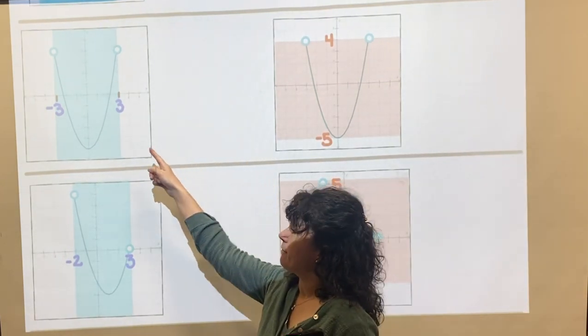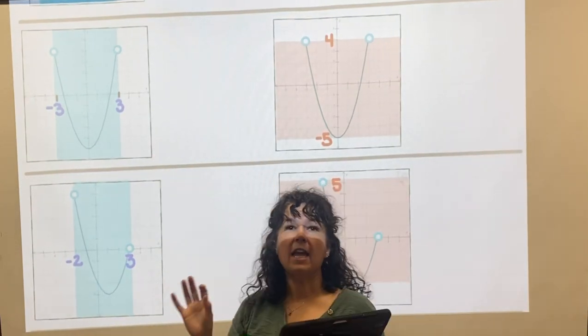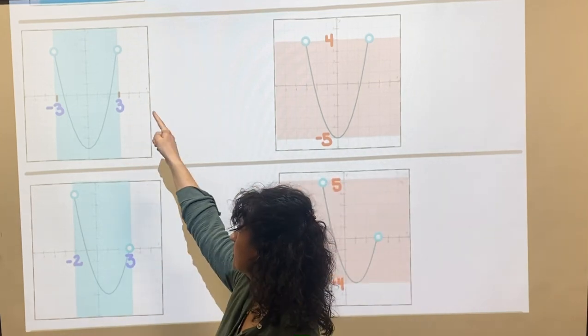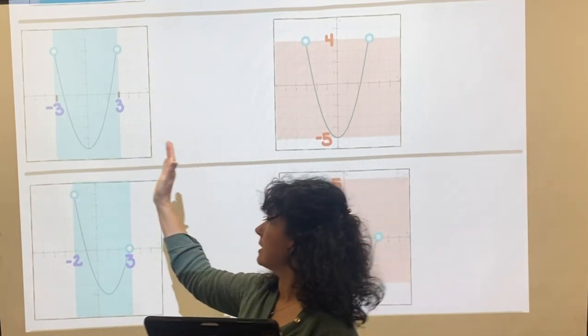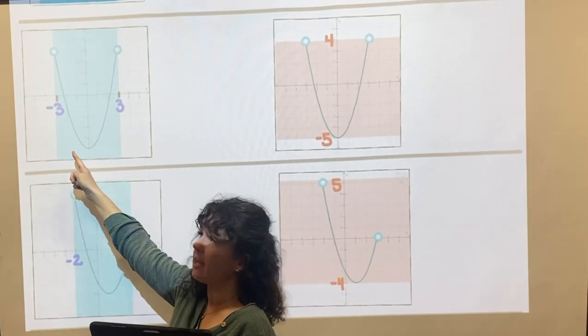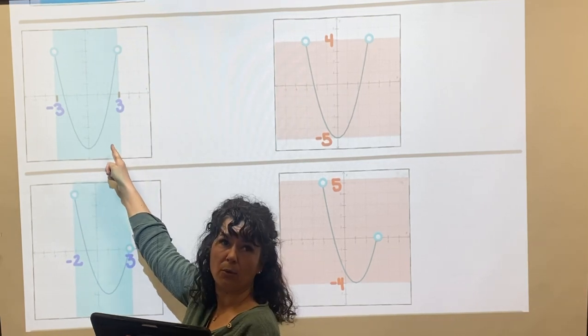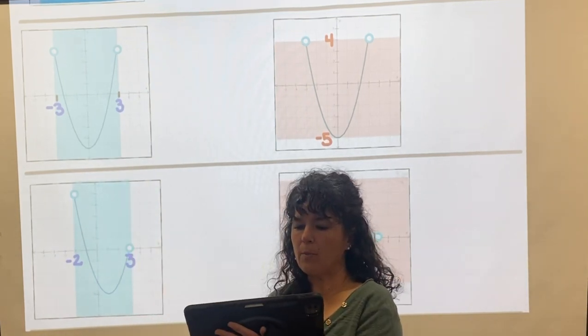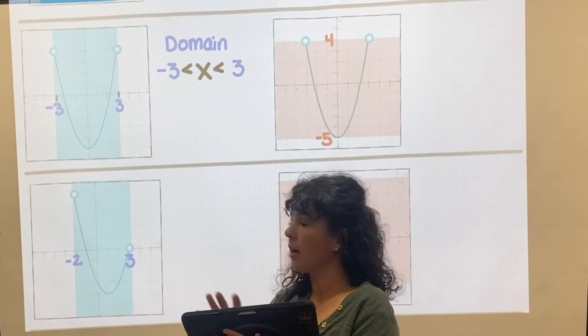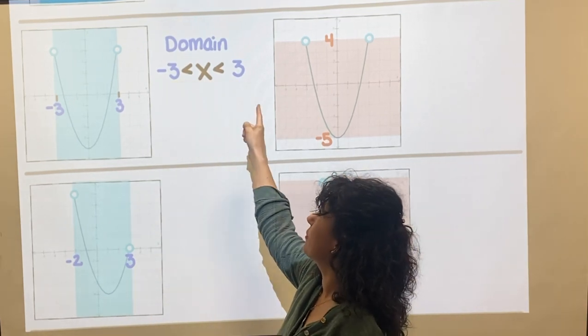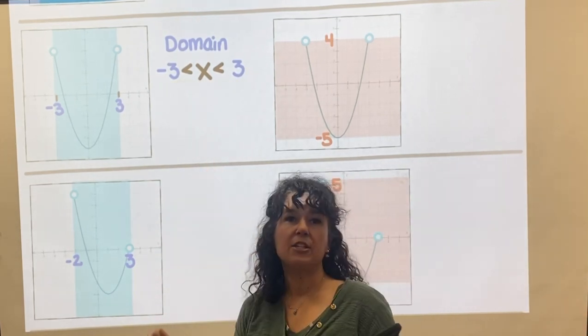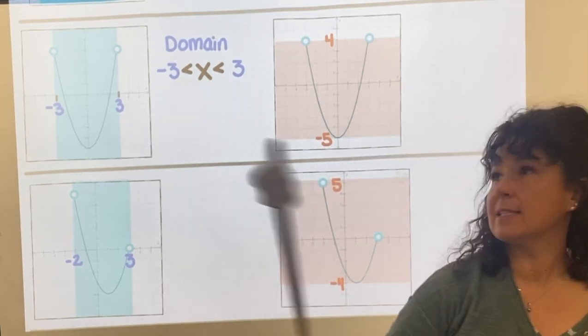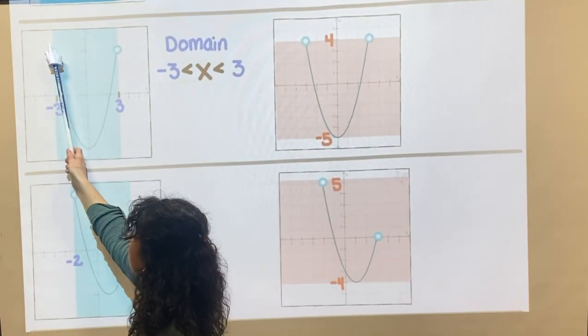In this graph, the x-coordinates on this curve, the furthest left is -3 and the furthest right is 3. So for the domain, our x's are going to be between -3 and 3. I don't have an underline because at -3 it's an open dot.